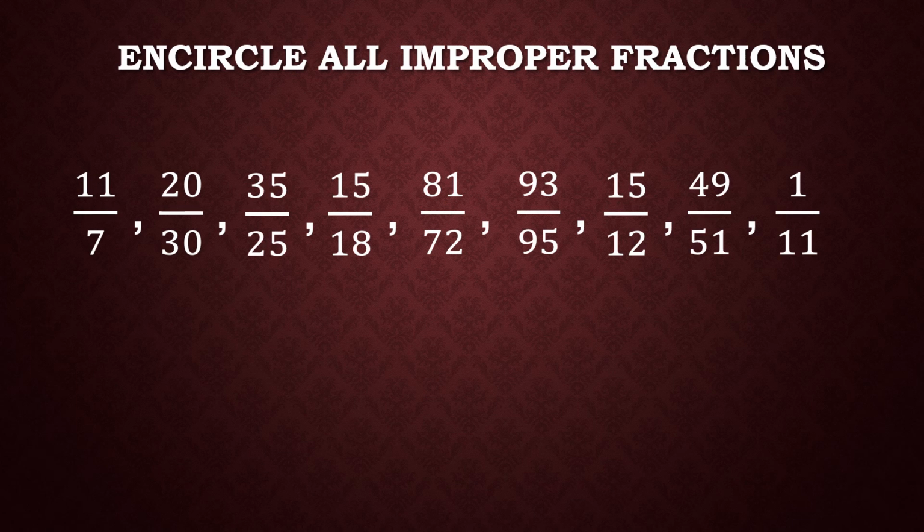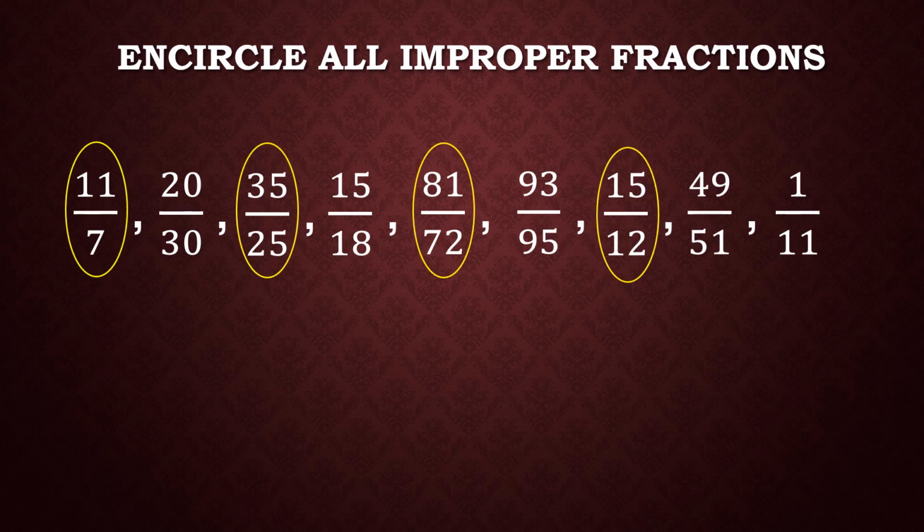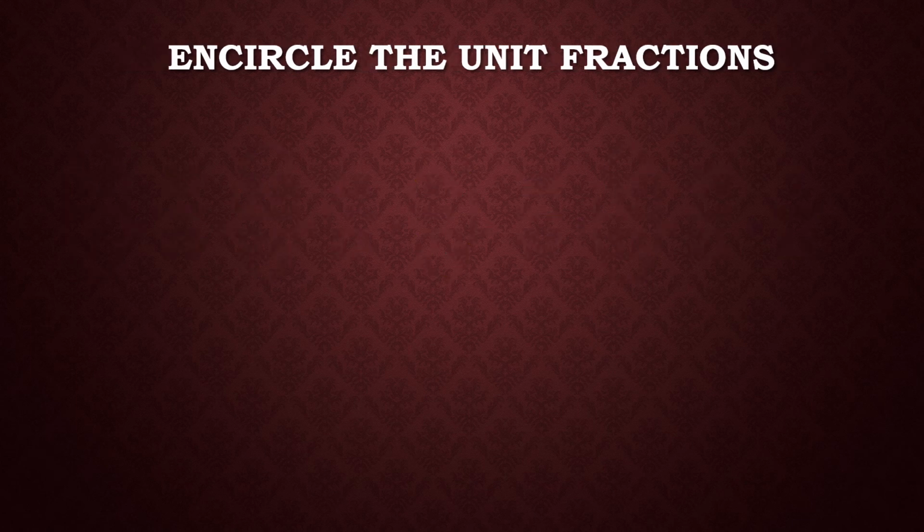Pause the video and write all improper fractions in your rough book and check. The improper fractions are 11 upon 7, 35 upon 25, 81 upon 72 and 15 upon 12 because in each case the numerator is greater than the denominator. Let us solve one more question.